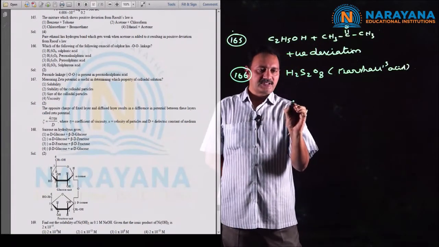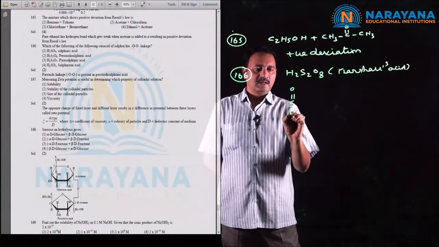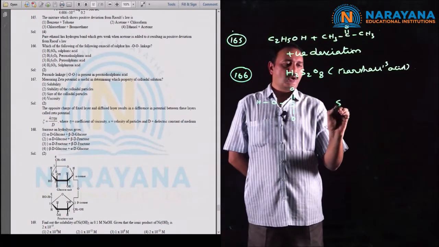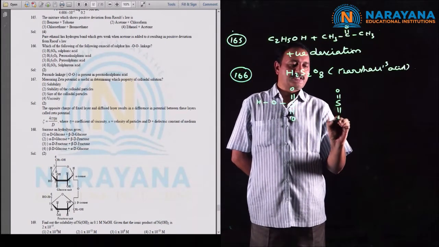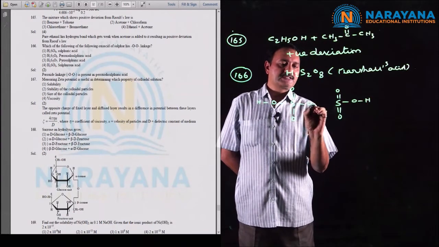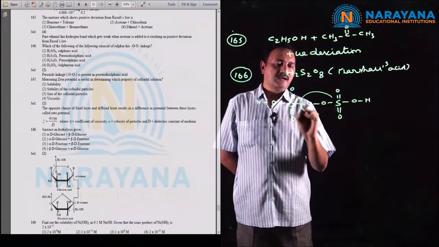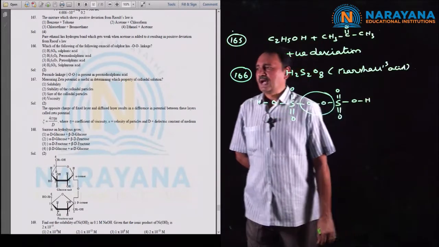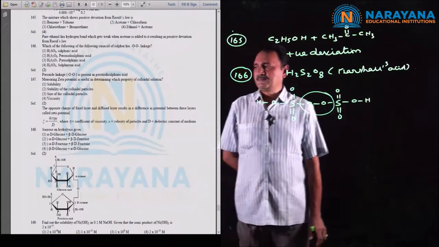If we consider the structure of this compound, these are two similar units, and this is one more unit having the same representation, and the two units are joined by means of a peroxy bond. This is the compound that contains peroxy linkage, so the option is the second option.